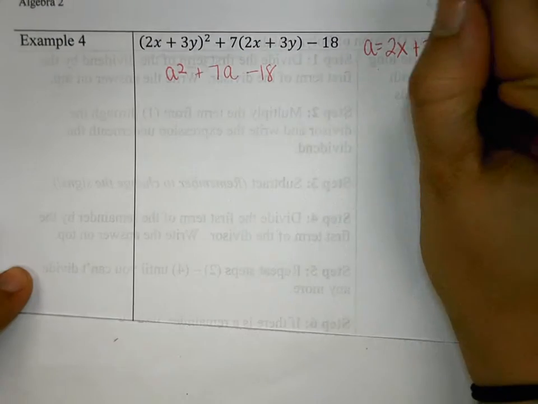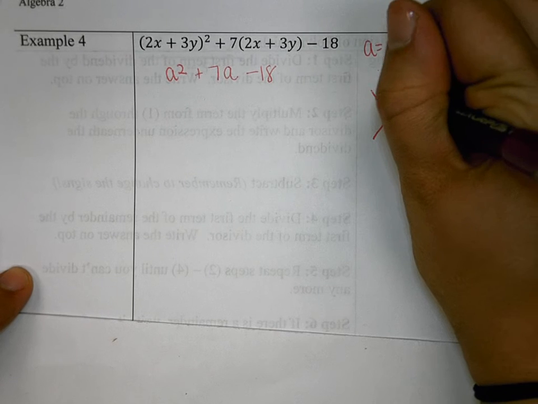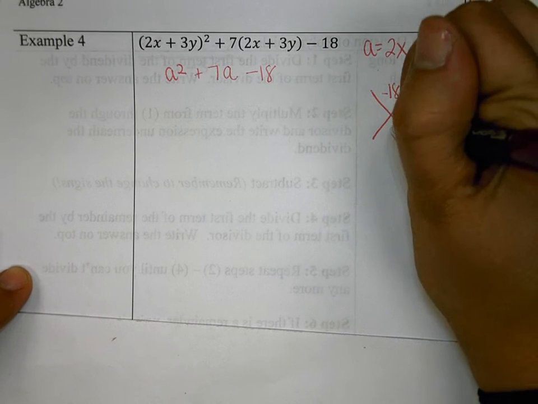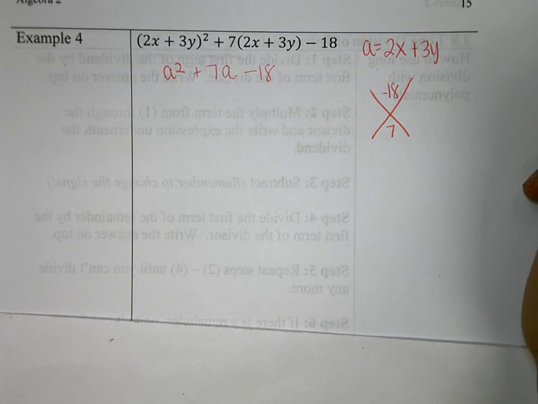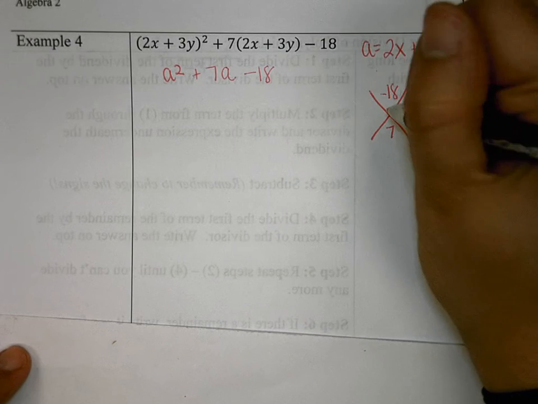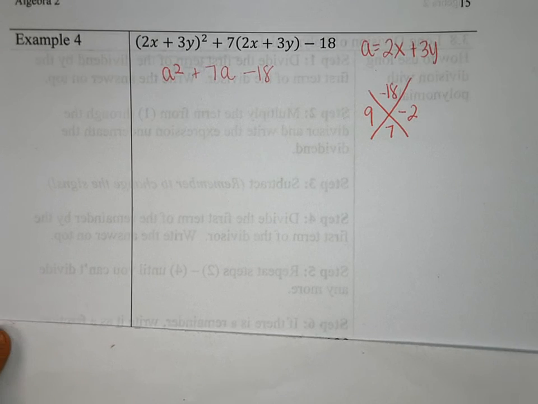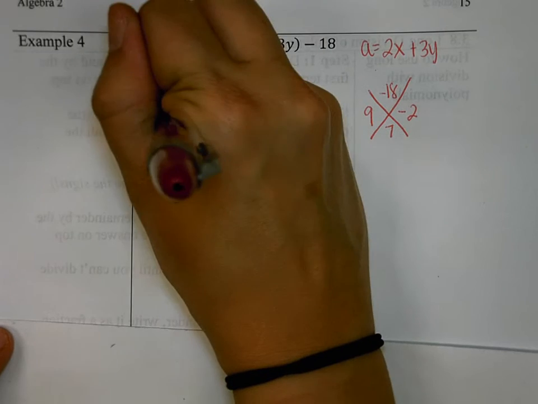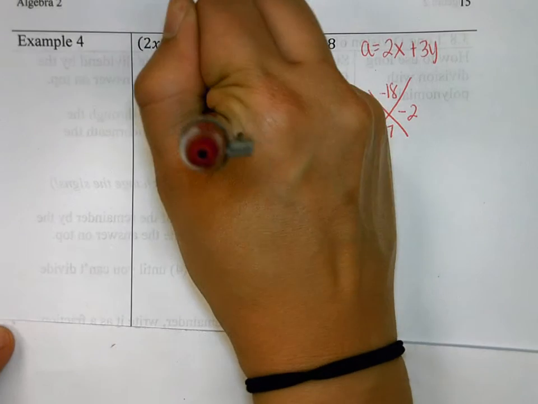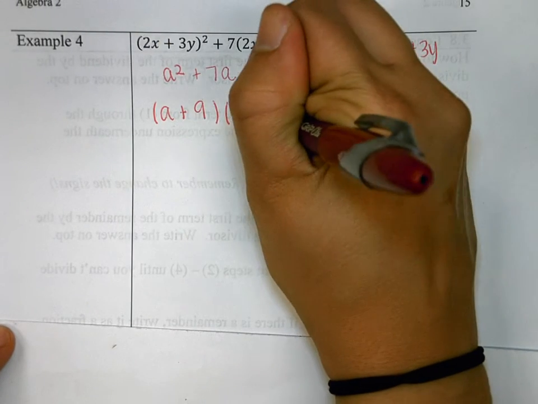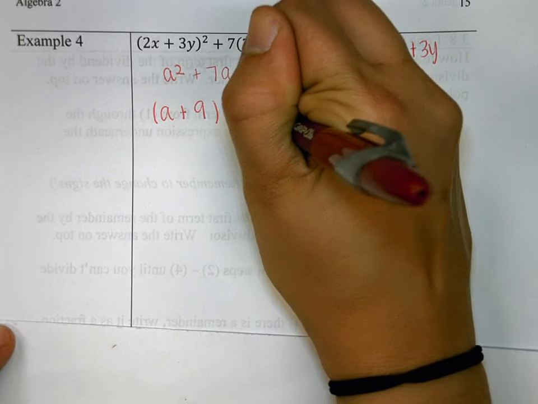Now this also looks like a diamond method. So I'm looking for two numbers that multiply to negative 18 and add up to positive 7. That is going to be positive 9, negative 2. So this factors to a plus 9 times a minus 2.